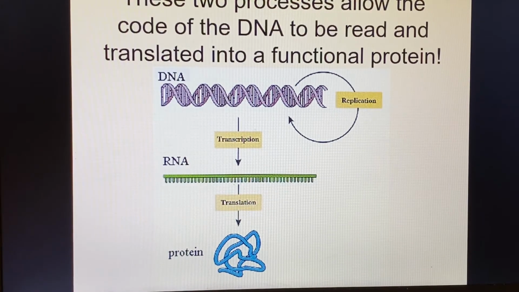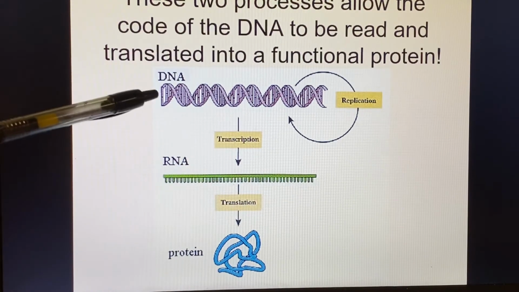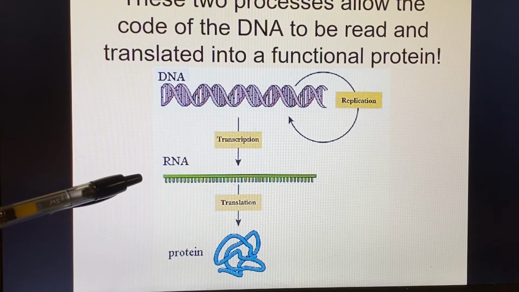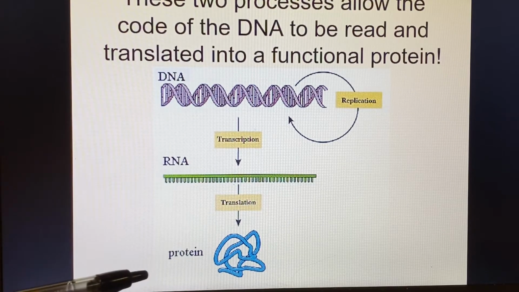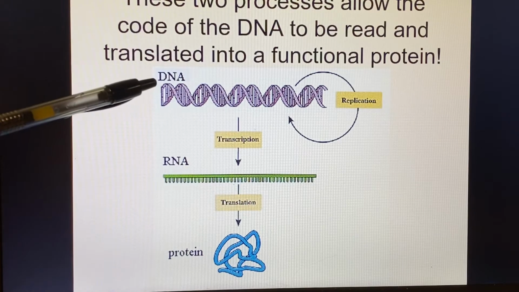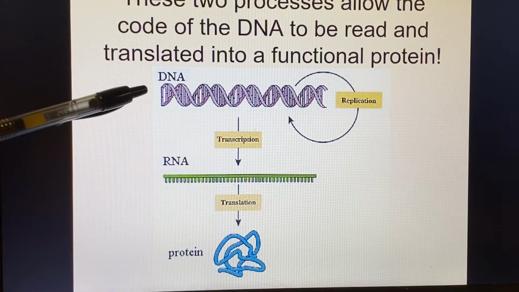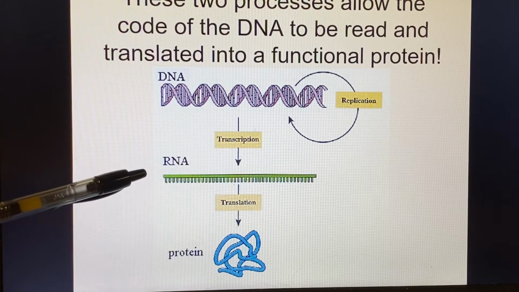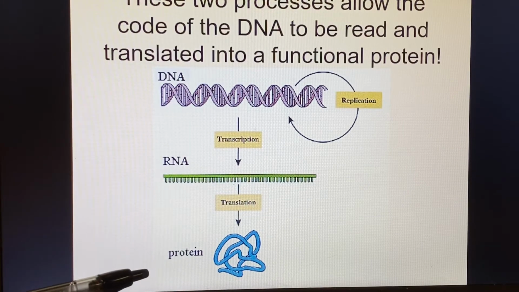One of the things I want to make very, very clear: DNA doesn't turn into RNA, and then the RNA is not turned into protein. You simply read the code of the DNA to produce RNA, and then the RNA is read to produce protein. I want to make sure that that is clear.